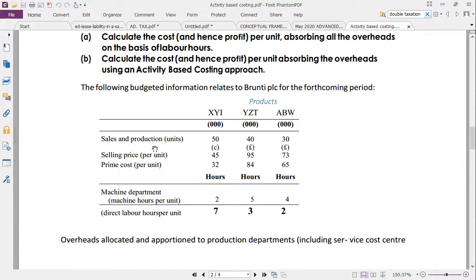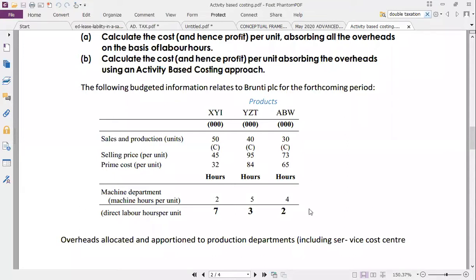That's X, Y, Z. Now, we have sales and production. We do have units 50, 40, 30. All of them are there.